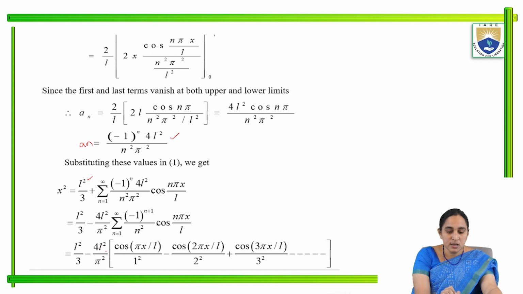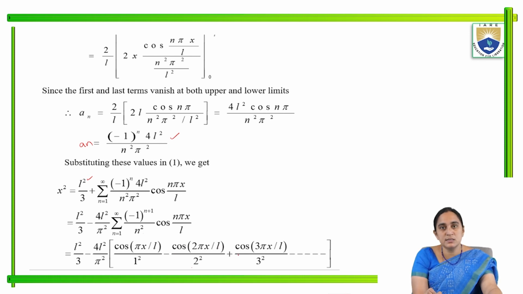That is L square by 3. There I'll take minus, that is 4L square by pi square outside, and n value I'll start with 1, that is minus 1 whole power n plus 1 by n square into cos n pi x by L. Now expand the sigma value with n is equal to 1, that is 4L square by pi square. If n is 1, that is minus 1 whole power 2, that is 1 by 1 square into cos pi x by L, plus, for n is 2, minus cos 2 pi x by L by 2 square.